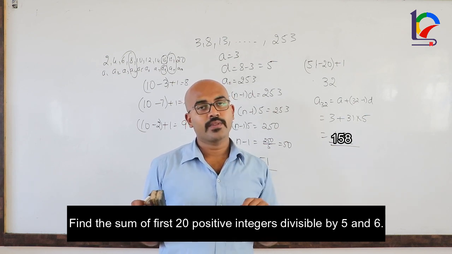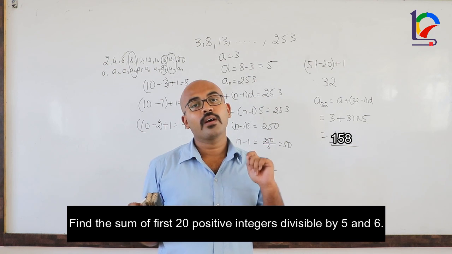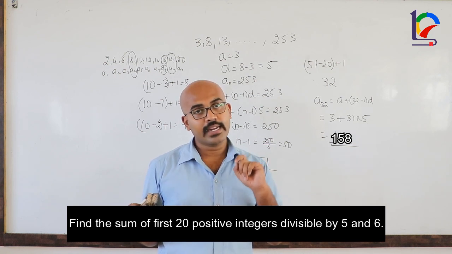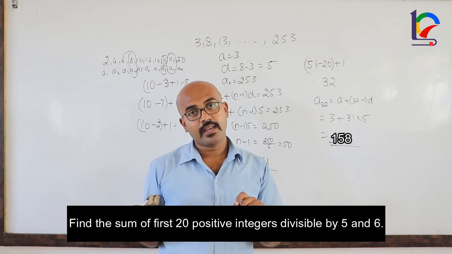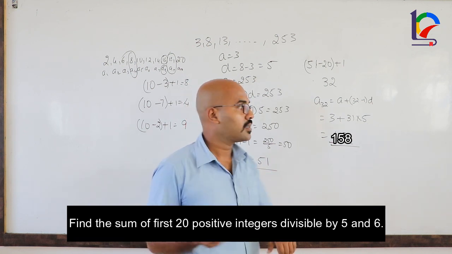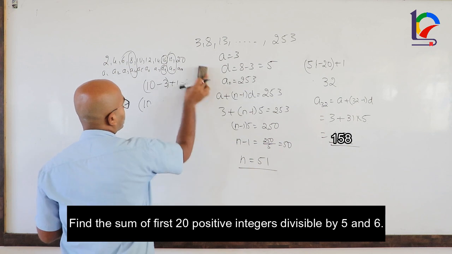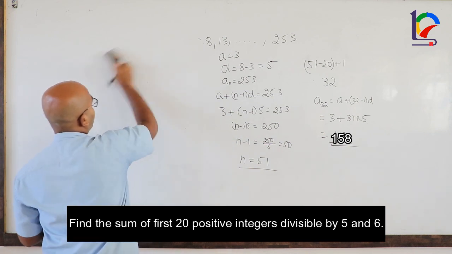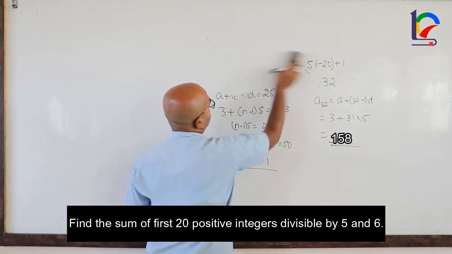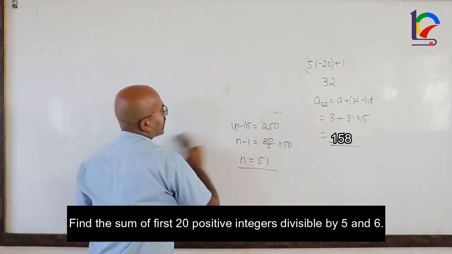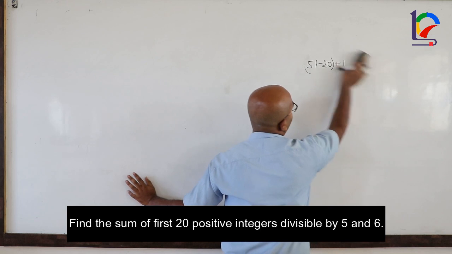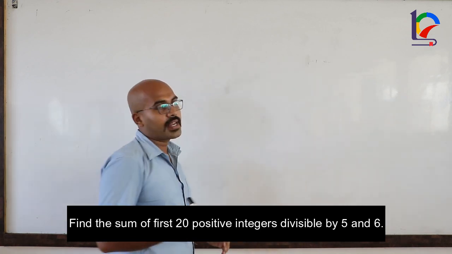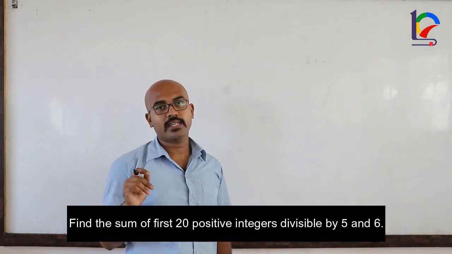You need to find the sum of first 20 integers which are divisible by 5 and 6. So what are the numbers that are divisible by 5 and 6? It's not or. Be careful. So it is 5 and 6. The first 20 integers which are divisible by 5 and 6.